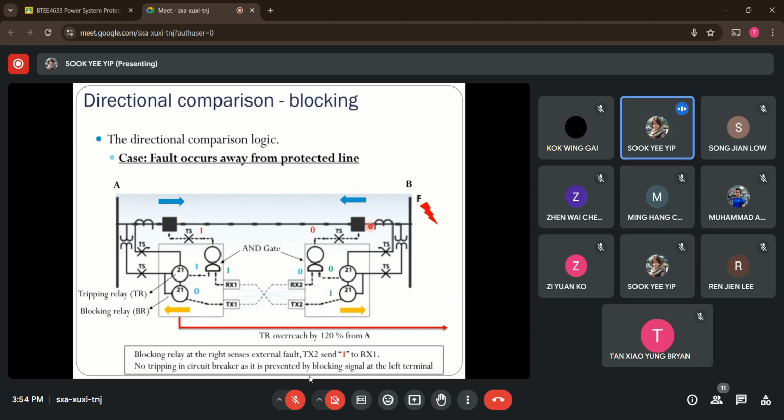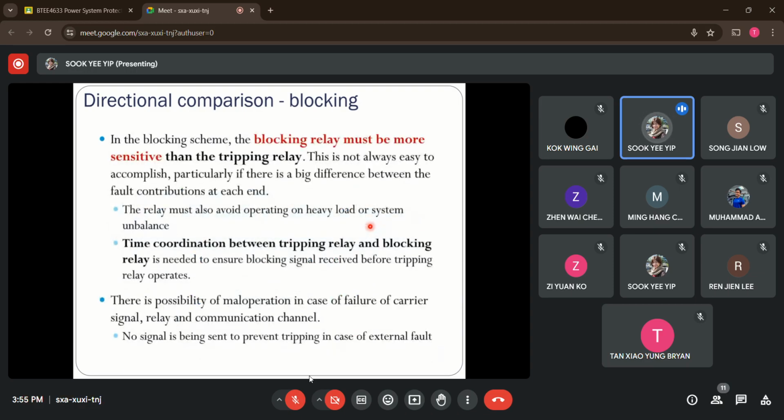Now let's see the properties or requirements of the blocking mode of the directional comparison scheme. The tripping relay will always want to operate whenever it senses a fault within its sensing direction before the blocking signal is received. If there is any delay of the signal from the blocking relay, I will have false tripping in the event of an external fault.